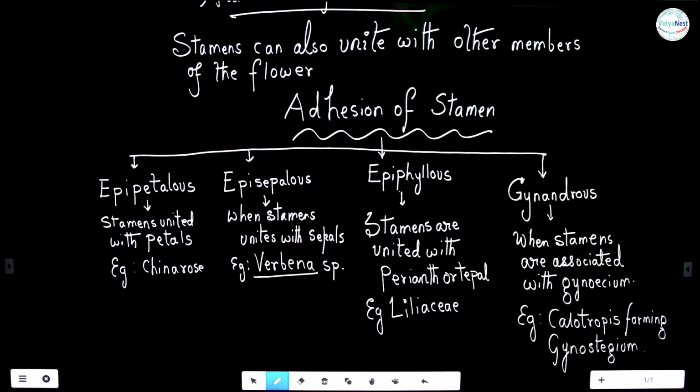Apart from that, we can study the stamen on the basis of length and arrangement.